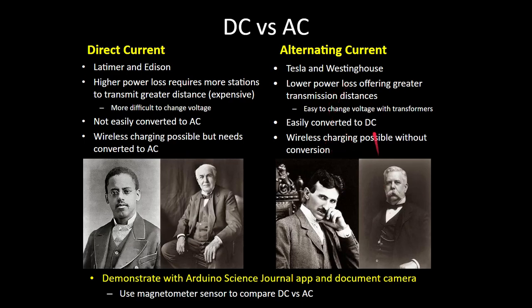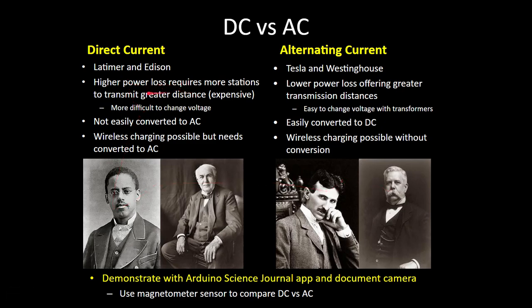So Tesla and Westinghouse were pushing alternating current, and Latimer and Edison were pushing direct current. Edison's money and Westinghouse's money, they don't actually design or build anything. They do fund it and kind of lead it, but they're not the brains. The brains were Tesla and Latimer.